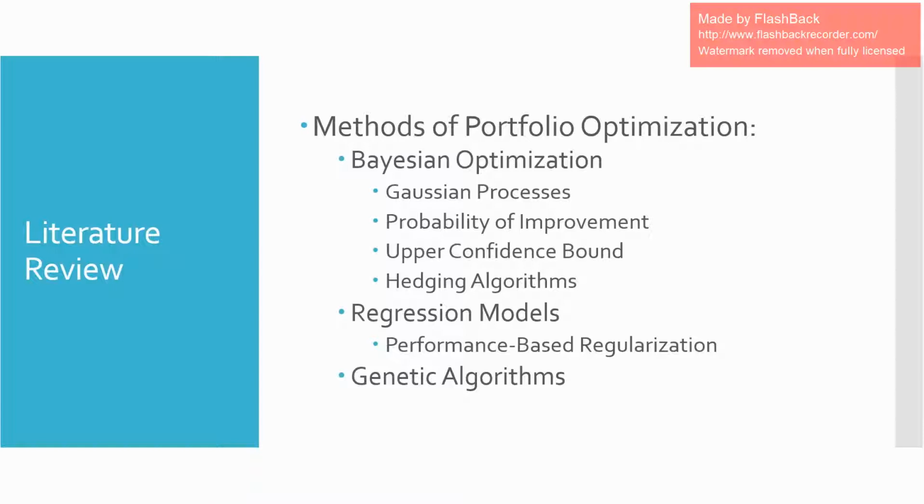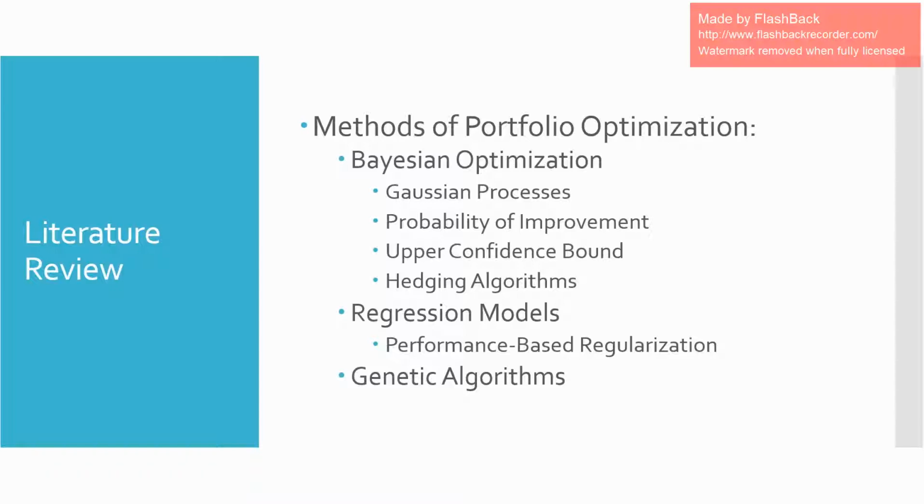So going into literature review, there have been several studies applied to machine learning and portfolio optimization. I'm just going to go over a few here. So in one example, a study investigated several different methods of portfolio optimization specific to Bayesian optimization, and they determined which method was optimal. So some of the algorithms explored here were Gaussian processes, probability of improvement, upper confidence bound, and hedge algorithms.